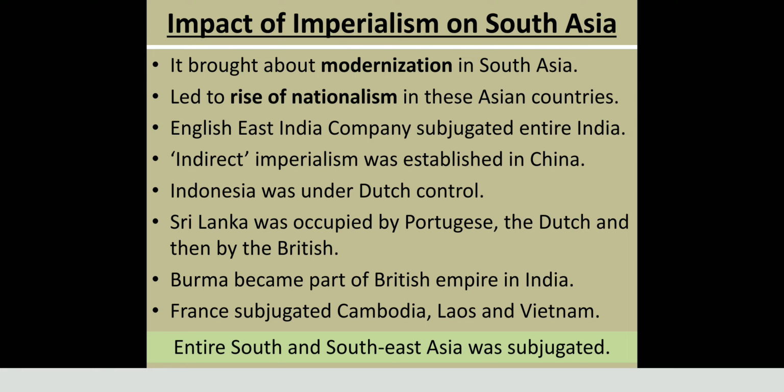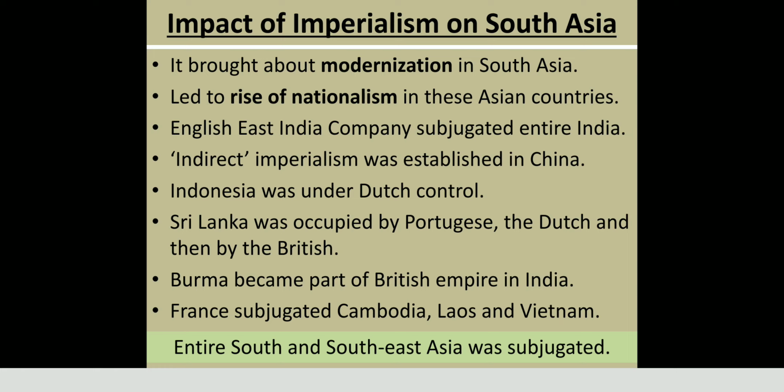That is when nationalist feelings arose among the people. Like in the Indian freedom struggle, we see that people realized the Britishers are exploiting us. So they came together in the freedom struggle, and this led to the rise of nationalistic feelings, the rise of nationalism against the system of imperialism. So it led to this rise of nationalism in these Asian countries.